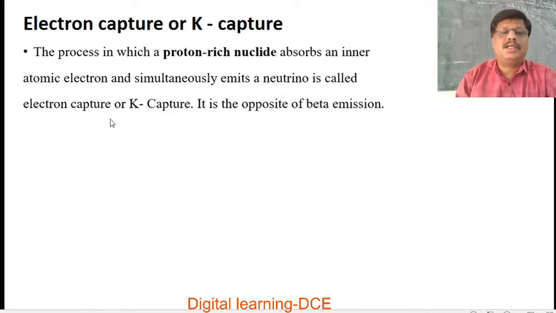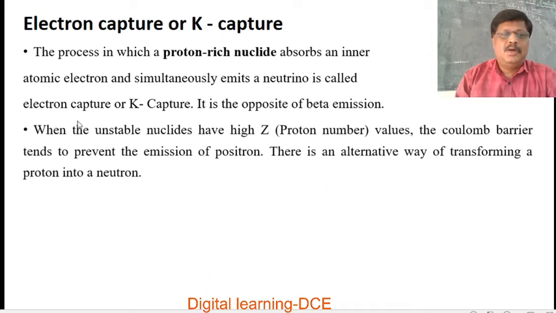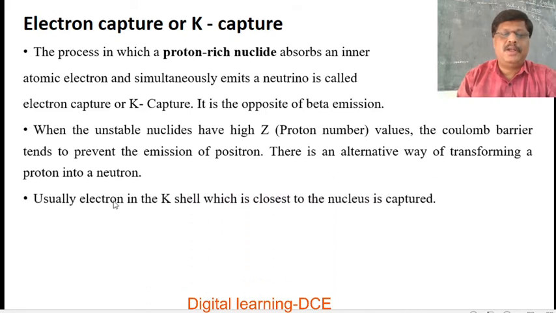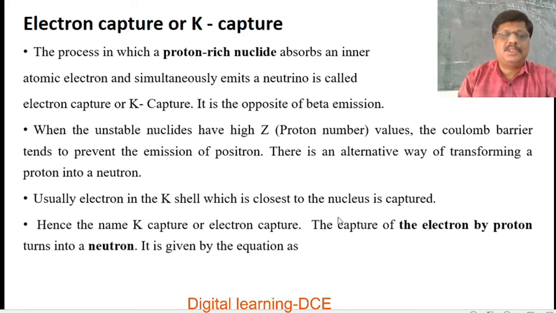This is called electron capture. When the unstable nuclides have high atomic number, that is high proton number values, the Coulomb barrier tends to prevent the emission of a positron. There is an alternative way of transforming a proton into a neutron. Usually, an electron in the K shell, which is closest to the nucleus, is captured.